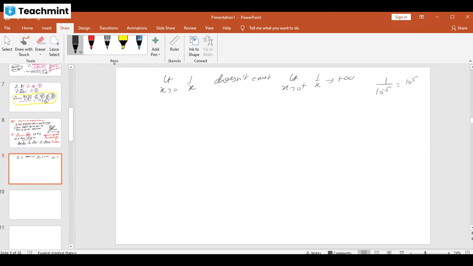Even if I consider 10 raised to the power minus 10, this value is not unique, and rather it is a very large number. On the other hand, if I consider the limit as x tends to 0 from the negative side, then 1 upon x tends to minus infinity. So it means that the limit does not exist.